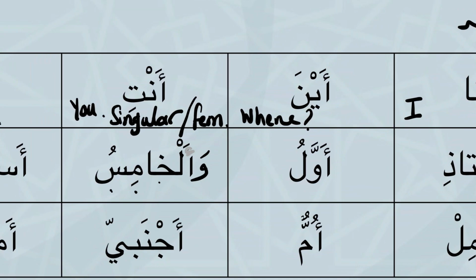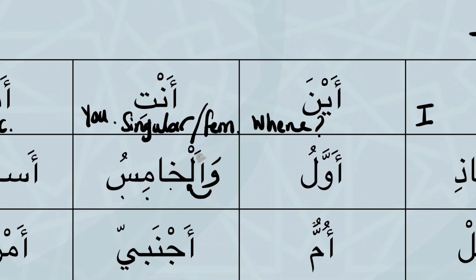The waw kind of skipped the whole sound. Compare, if I remove this waw, I would pronounce it as al-khamisu, but if I put the waw, it's wal-khamisu. Notice there's a skip of the sound. And this is why we call it hamzat wasl. Wasl is to connect. So it connects what's before to the lam.